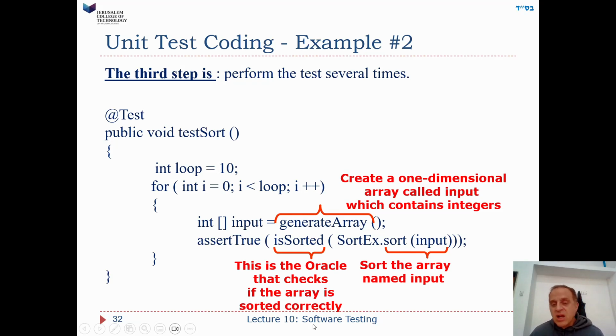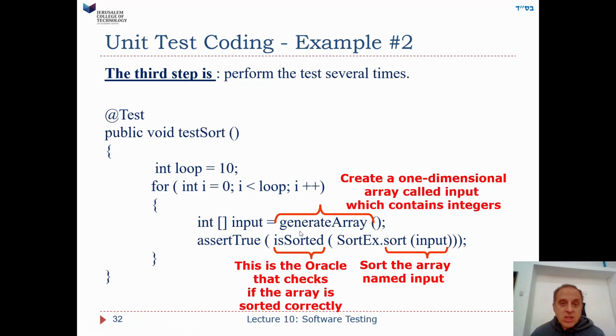So if there's any error, we assume that there's an error in sort and we look for it. If we can't find it, we might check generate array, or this function is sorted. But presumably their errors are not compatible, and therefore if we get an error, it's probably in sort. If we don't get any errors, then we assume everything works.